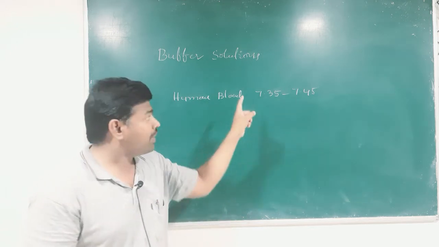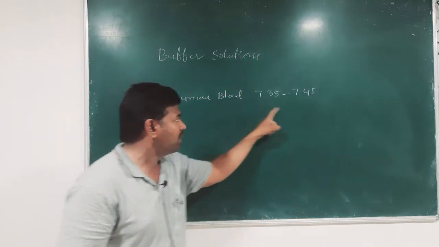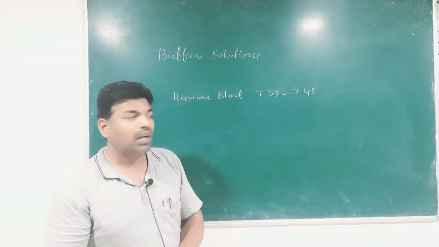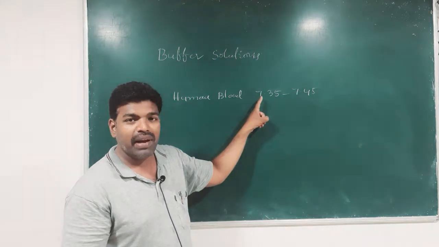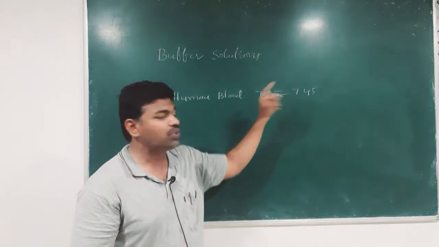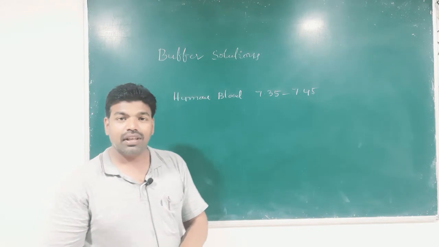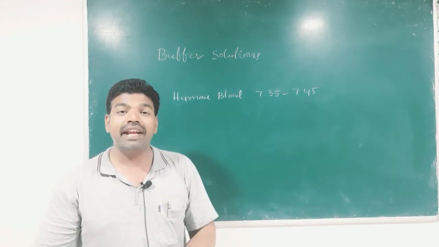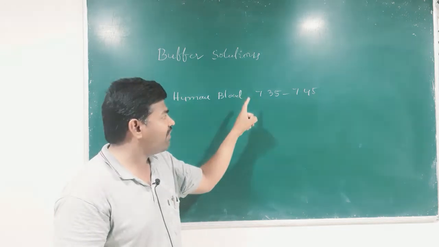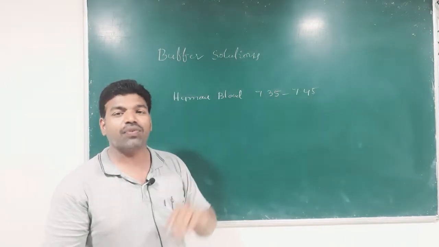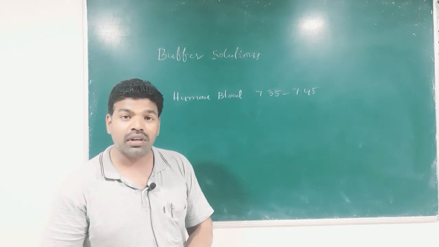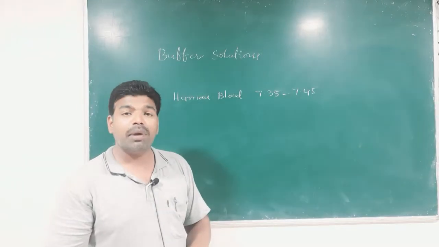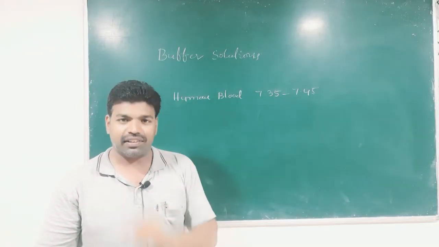What makes sure that the pH of human blood is in the range of 7.35 to 7.45? The buffer present in human blood maintains that pH range. Therefore, to maintain this pH range, human blood needs a buffer.